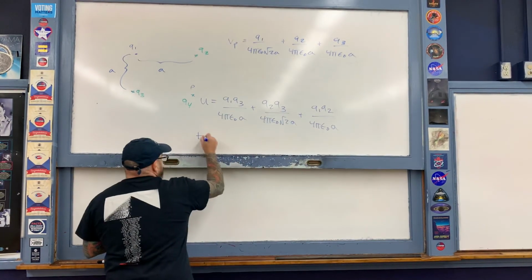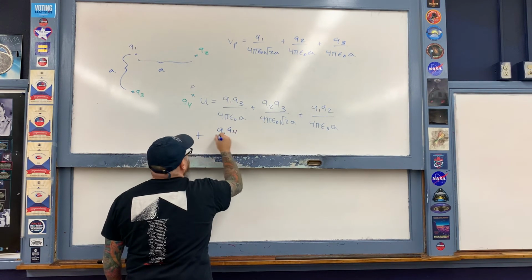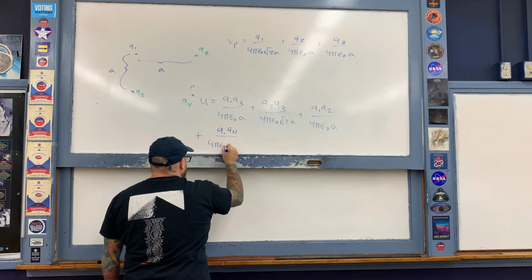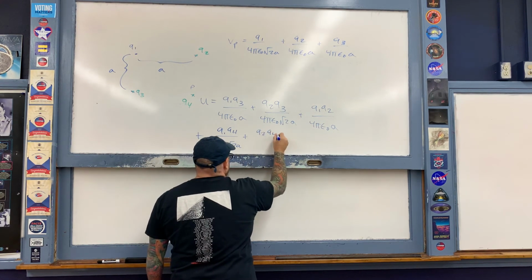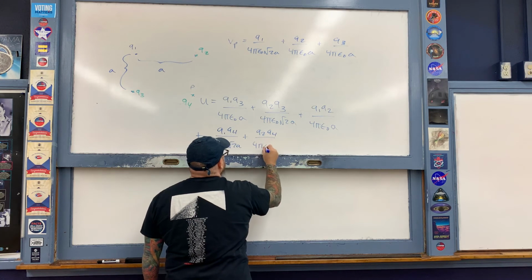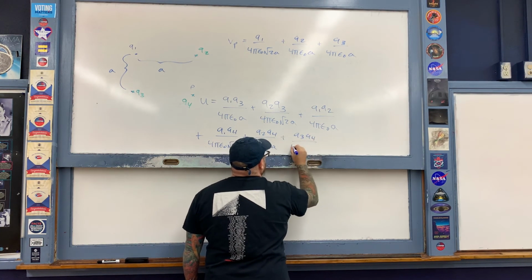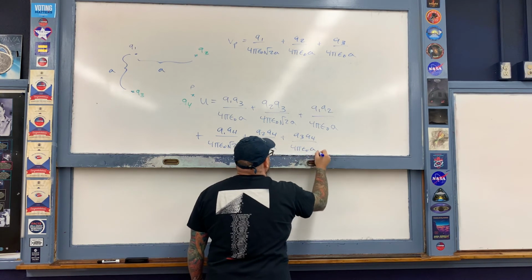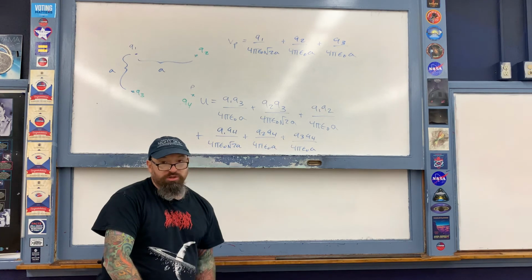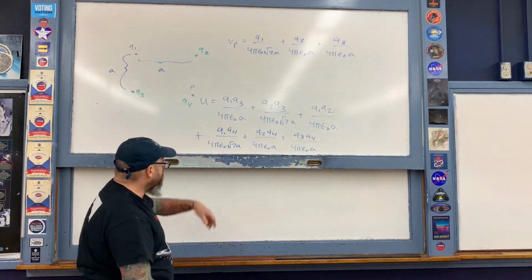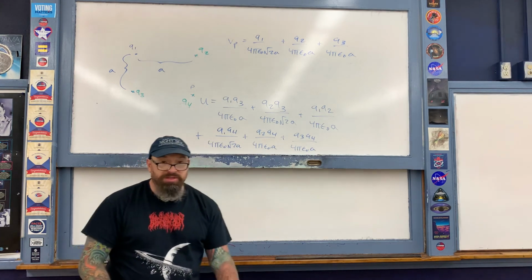Very simply, we end up with a plus, and then from the top, Q1 Q4 over 4 pi epsilon naught root 2 times A, then Q2 Q4 over 4 pi epsilon naught A, and then lastly, Q3 Q4 over 4 pi epsilon naught A. So to assemble this square of 4 point charges into this molecule, we need a grand total of, as you can see here, 6 terms. This is then the potential energy stored in the molecule.